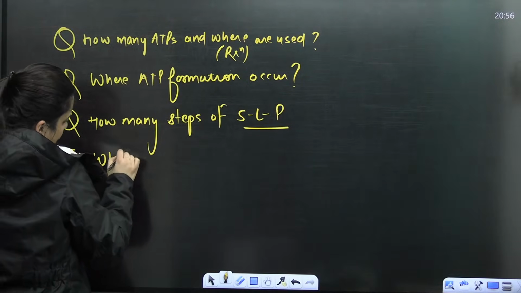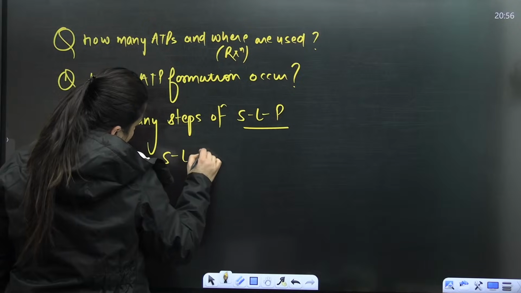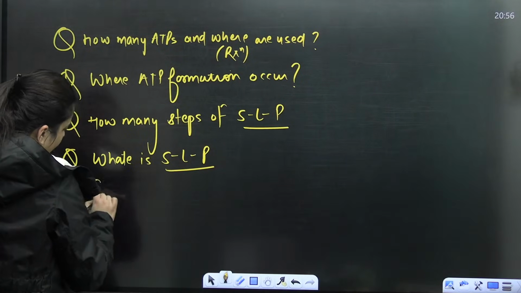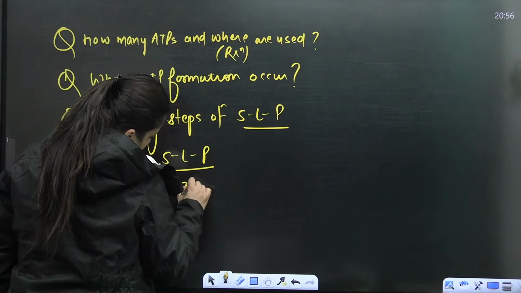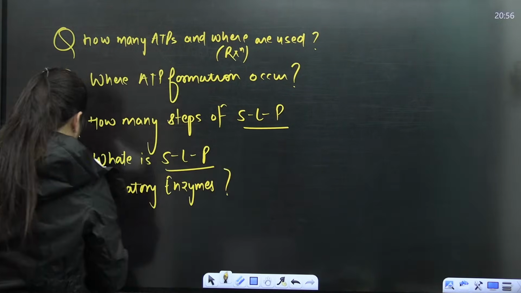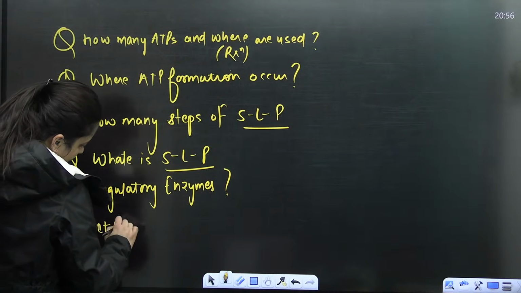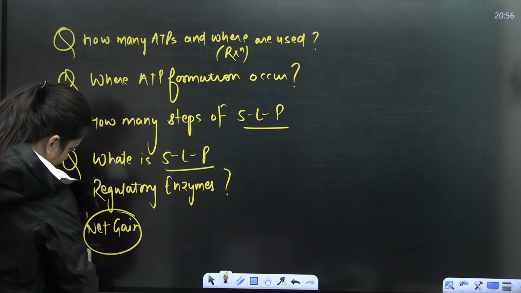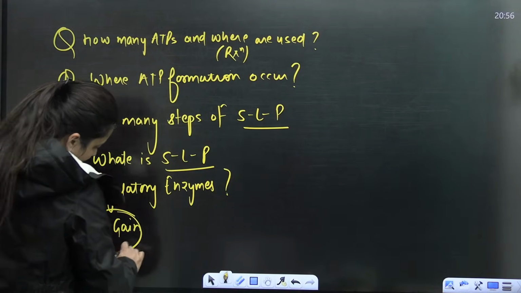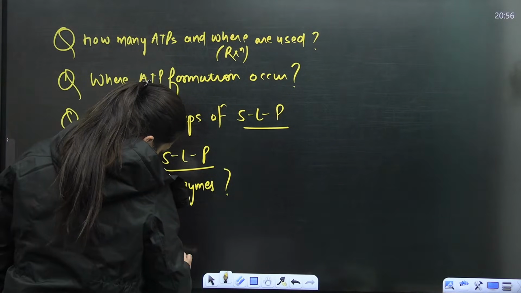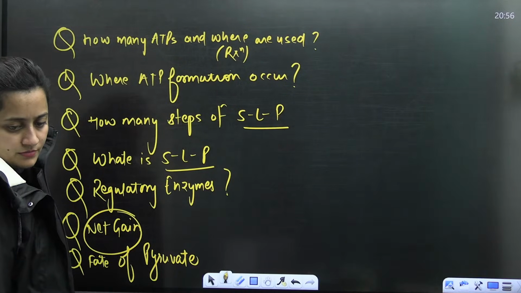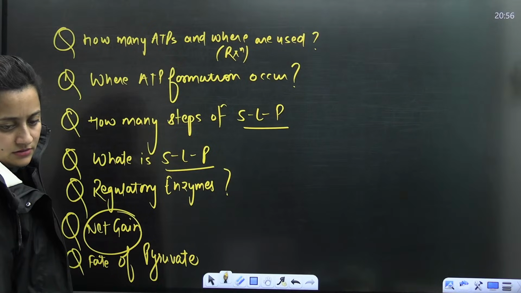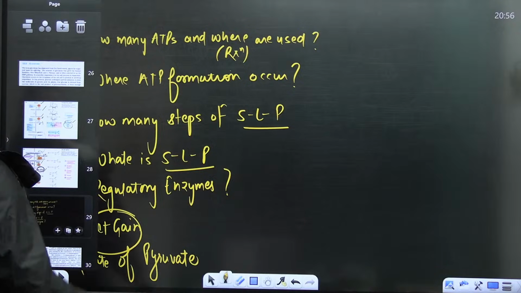What is substrate level phosphorylation? Which are the regulatory enzymes? Net gain here, fate of pyruvate. These are the kind of things that you can ask from yourself. Are you getting my point? Done? That's what you have to remember.